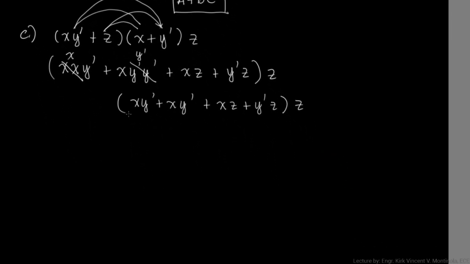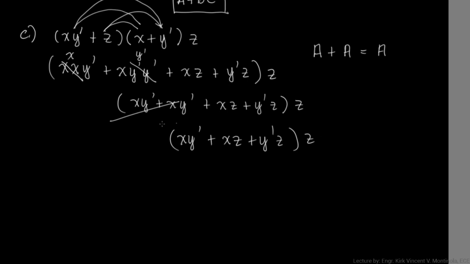Now the other thing is that this one is very the same. It's like you are saying that a plus a, right? So that becomes a also. So this becomes xy prime plus xz plus y prime, and then z.